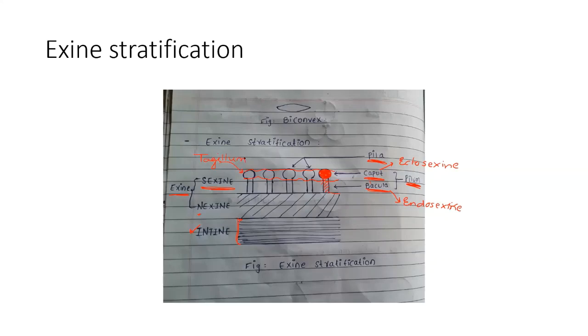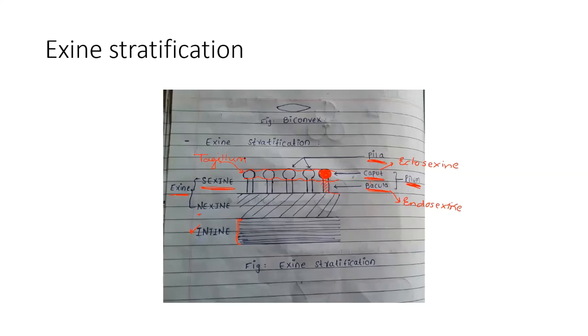I repeat what I said. The sexine is made up of a number of pila, drumstick-shaped rods called pila. Single is called pilum. Each pilum is made up of a head-like caput and a stalk called bacula.